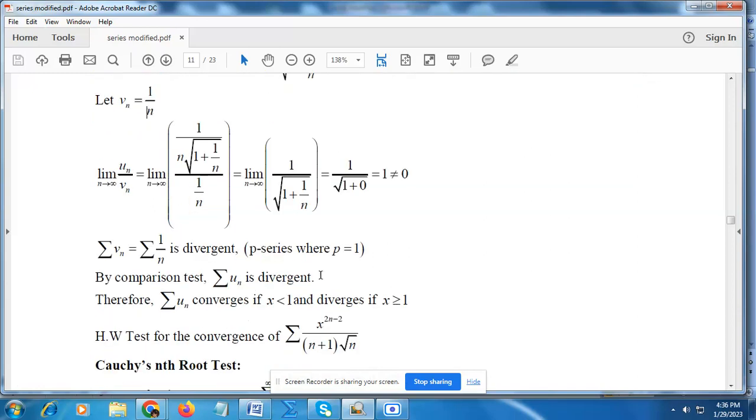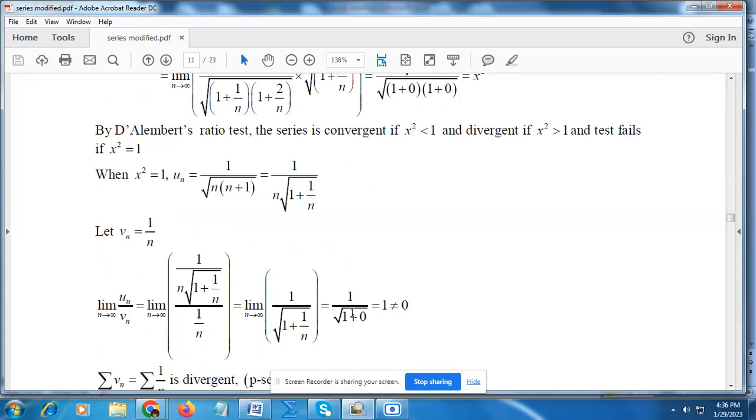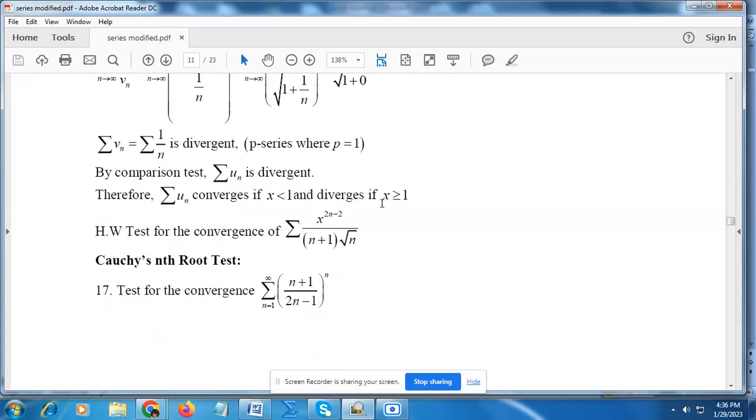By comparison test, sigma un is divergent. Therefore, sigma un converges if x square is less than 1 and diverges if x square is greater than or equal to 1.